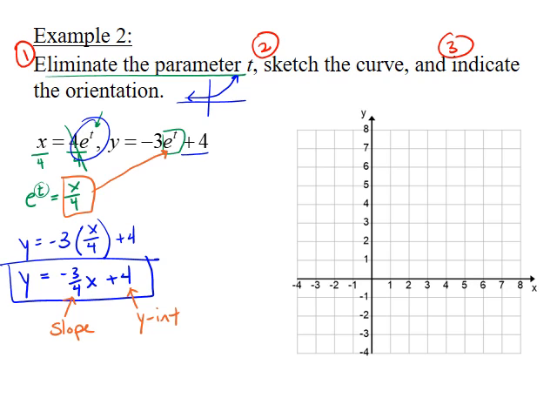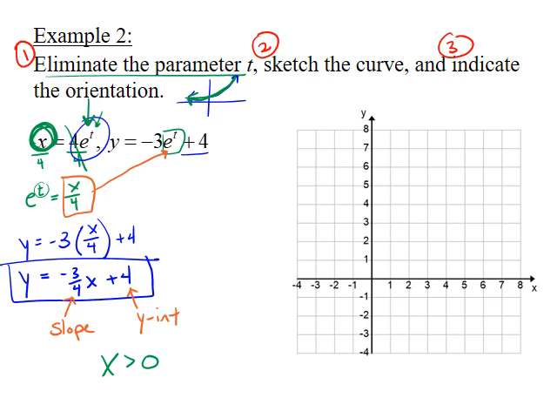Oh, I apologize. I'm looking at this equation here. So these represent values of x. So our domain then has to involve all values greater than 0 due to that implied restriction.